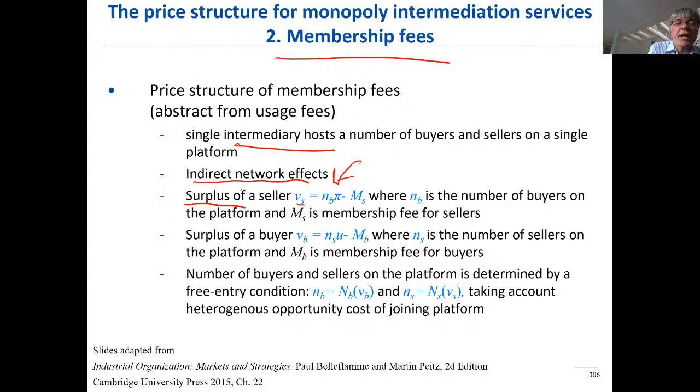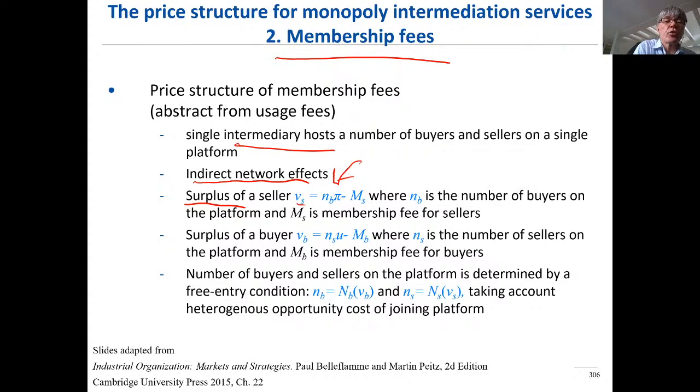NB is just the number of buyers, and from each buyer we just assume that you have a certain benefit pie. Okay, and so the total surplus from this market depends on this number of buyers, and this is the indirect network effect.